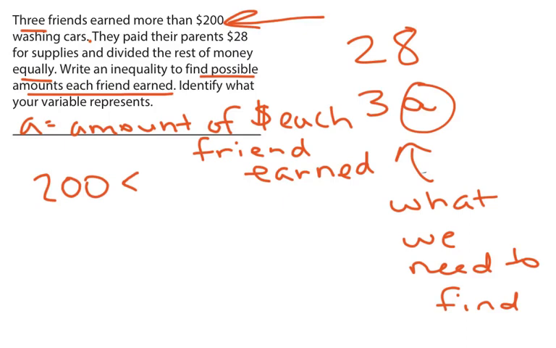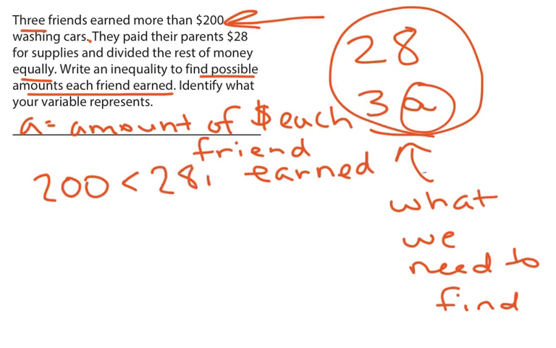Okay. So looking at this, I know that 200 is going to be less than these things together. The $28 that they gave their family plus, I'm going to change colors just so it doesn't go into what else I wrote, plus whatever we gave to each friend. I know it's not written as a division problem right now, where you say the divided here and that the pay should be like a subtraction.